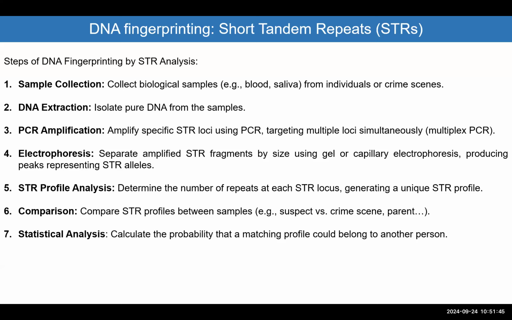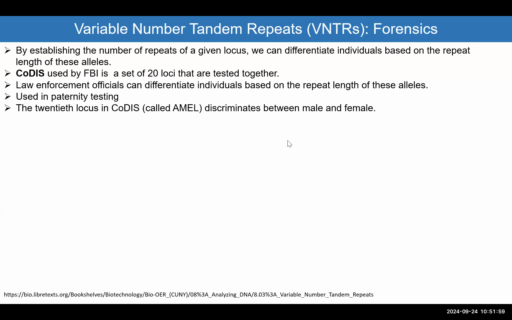You need to have both components: the DNA from that person and the DNA that you are testing, and you run them side by side in order to do the comparison. Then you can differentiate between the person, and you can say that this is the person who did this or not, or he was there or not, whatever the question is.